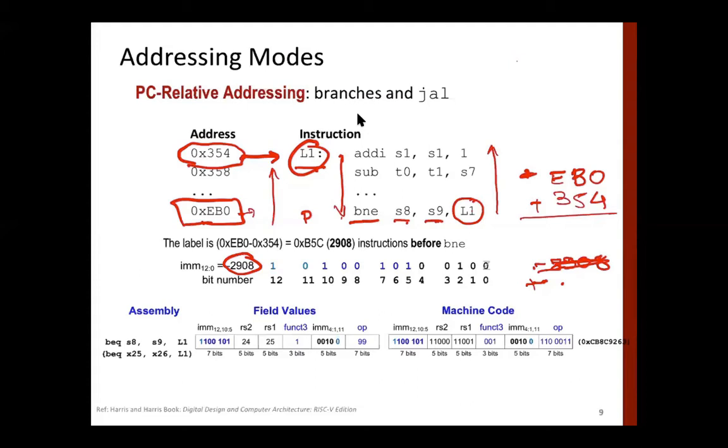In this case the destination is 354, and from this you subtract EB0, so you get the displacement. It means the displacement is in the negative direction. All right, so this is what we have studied, right?